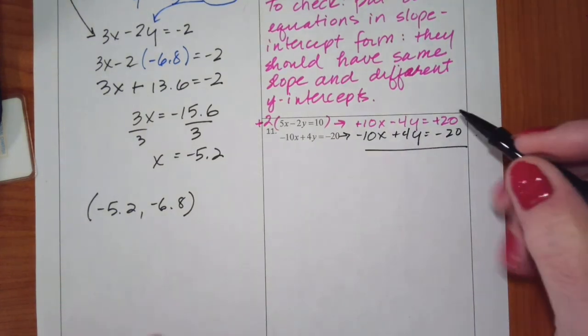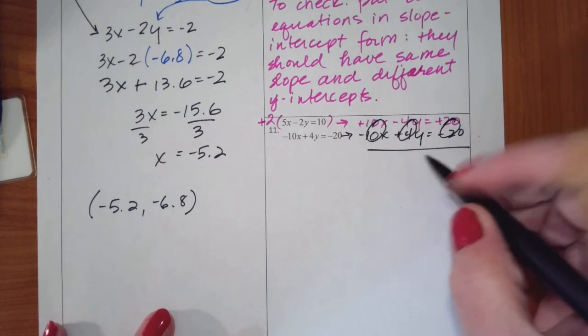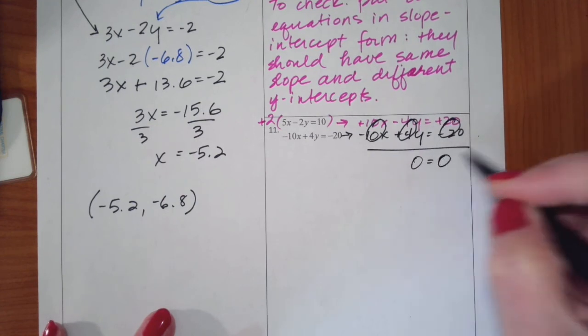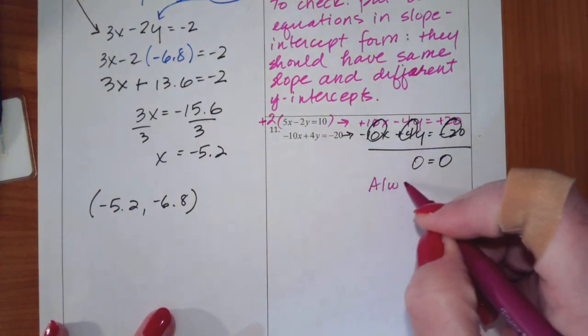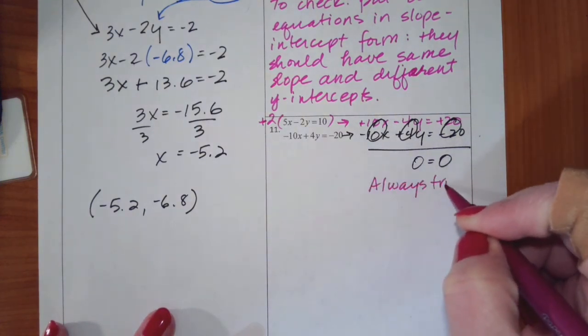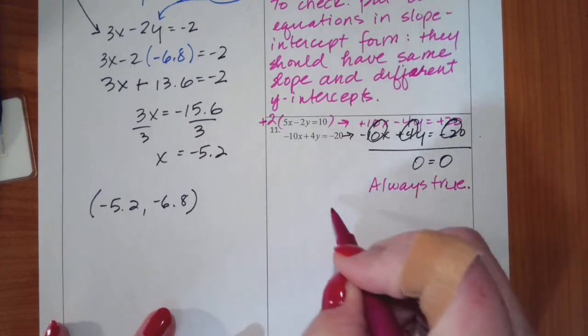Okay, so what happens here when I add them? This is eliminated, and this is eliminated. So what I have is 0 equals 0. This is always true. So there are infinite solutions.